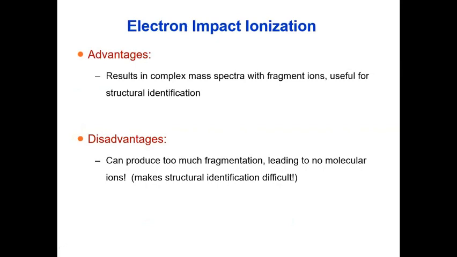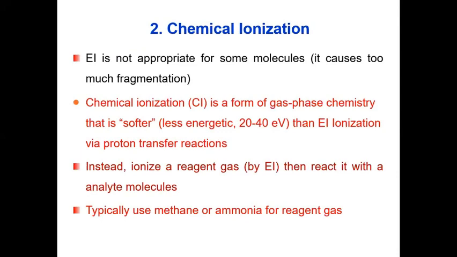Here the energy used in electron impact ionization is 70 electron volts, and that will cause more fragmentation of the molecule in the mass spectrum, and sometimes it is very difficult to identify the fragmented peaks from the sample. This disadvantage of electron ionization is removed using chemical ionization.